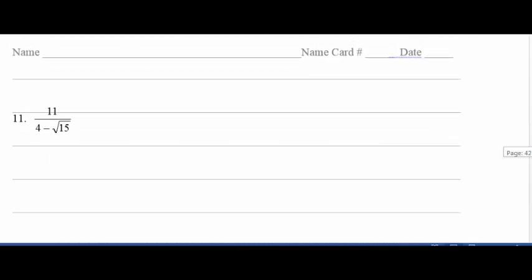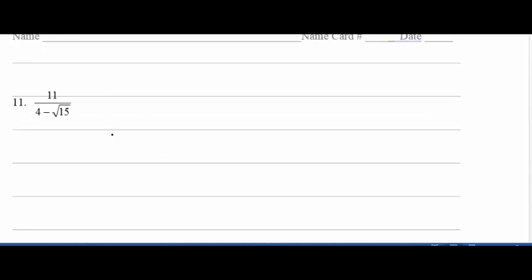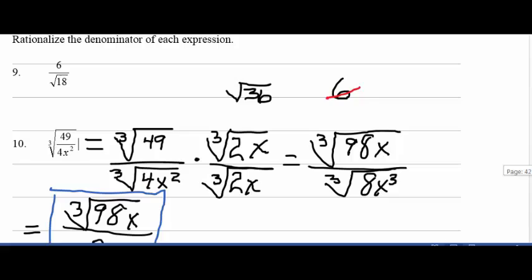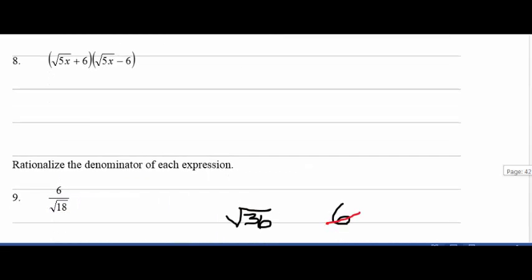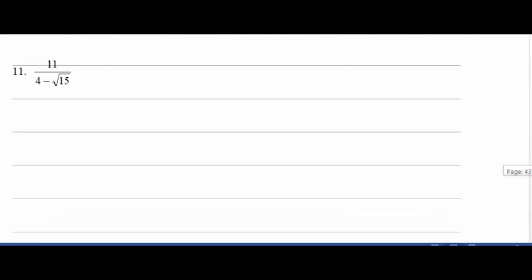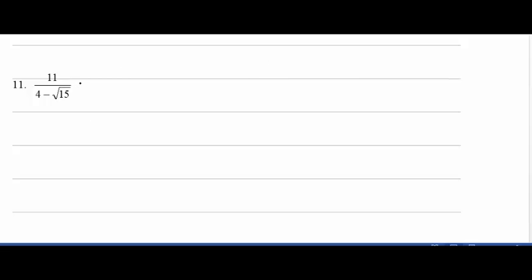So my last problem is rationalizing a denominator. This has the same instructions where I'm rationalizing the denominator. And here the denominator has two terms. So I'm going to use the conjugate of the denominator, because we remember that if a radical is multiplied by its conjugate, the resulting expression doesn't have a radical in it.